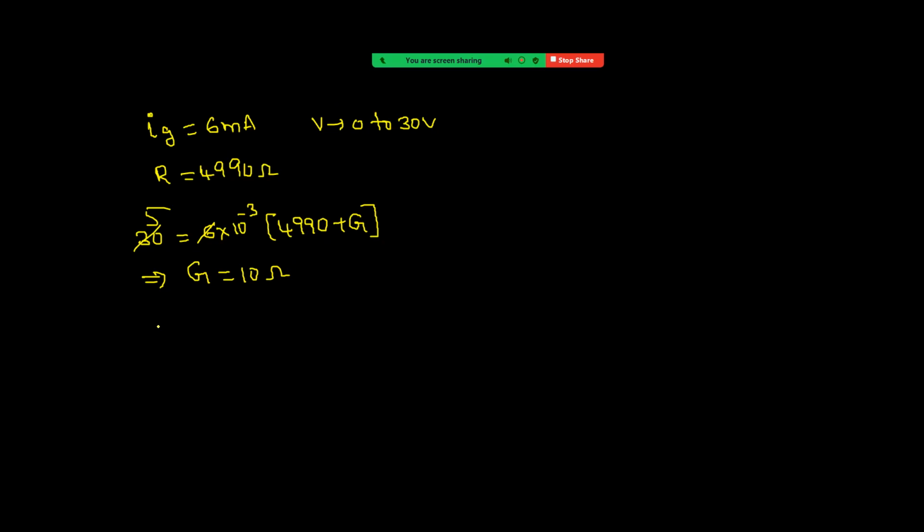Now see the next one. If connected to a 2N by 249 ohm resistance, it becomes an ammeter of range 1.5. See carefully, ammeter range 1.5. So writing S equal to G by N minus 1. G value we got is 10. The N value we want to measure is 1.5 ampere. I am writing here N equal to 1.5 by Ig value 6 milli, 10 power minus 3. This becomes 1500 by 6.